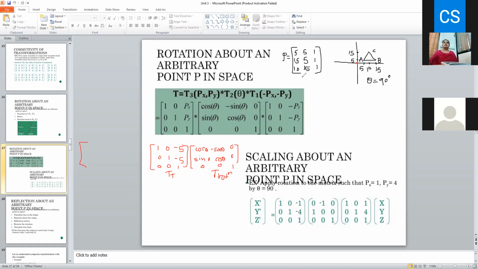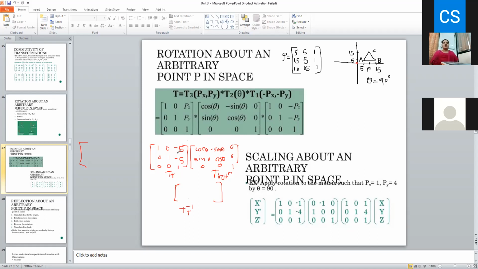The next, once this rotation is over, what is our next task? As we have shifted A downwards, we have to shift it back to its original location. So shifting it to its original location is nothing but the T translation inverse. That means by 5, 5 amount towards left and down we have shifted.